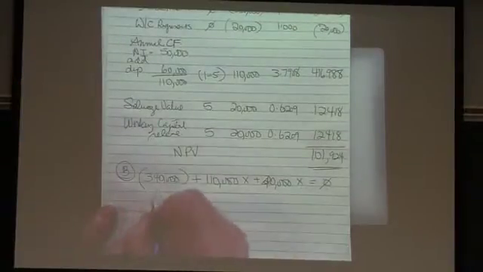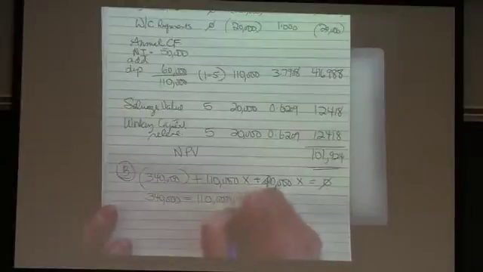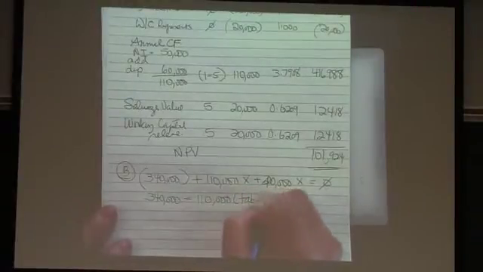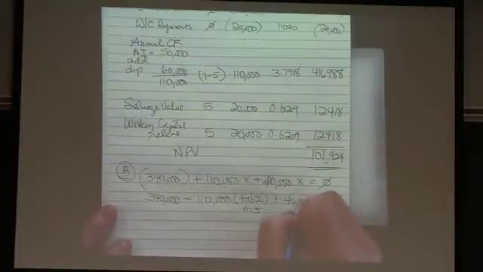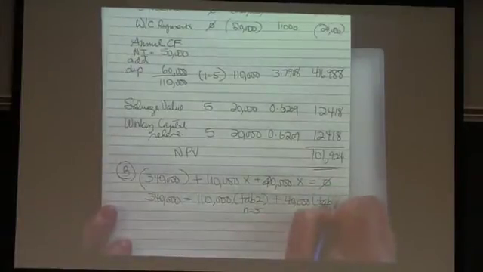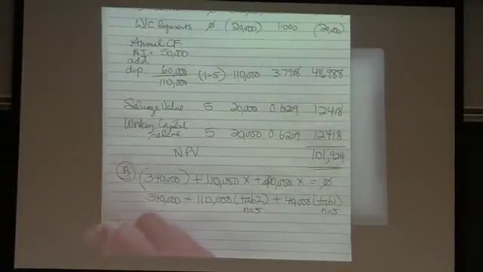So let's say it's 340 equals 110,000 times table 2 factor, n equals 5, plus 40,000 table 1 factor, n equals 5. So we're going to do trial and error.